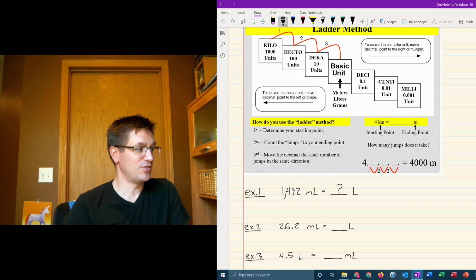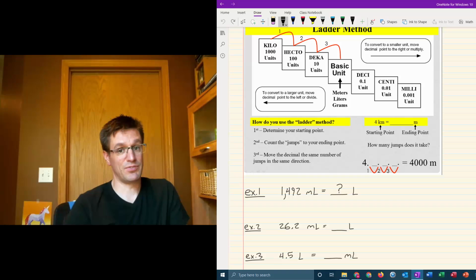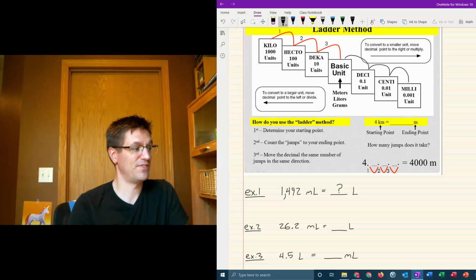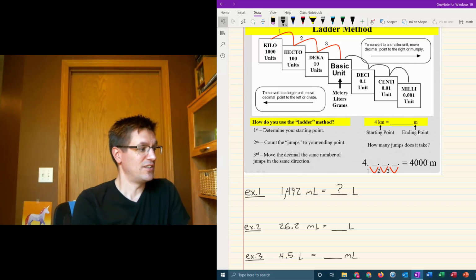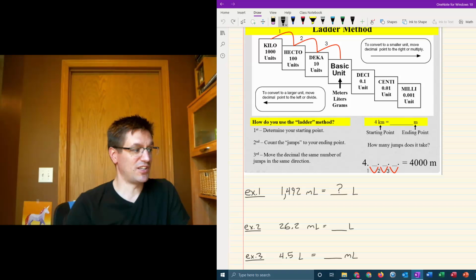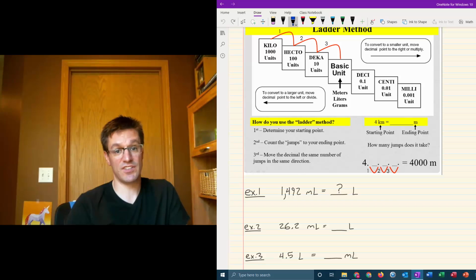And so what I need to do is move the decimal 3 steps in that same direction. Now again, I moved left, right? 1, 2, 3. So where is my decimal point? I don't see one in the number 1492. The first tip I need to give you is that if you don't see a decimal point, it's invisible and it's hiding at the end of the number right here.